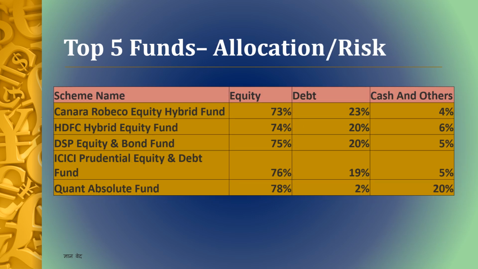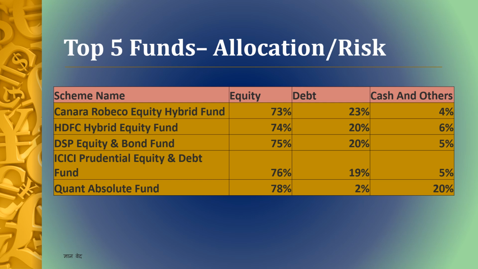We need to check the fund allocation also. Why is this important? Because this will define our risk and potential return ratio. In this case, Canara Robeco has the least allocation in equity, which is 73%, but Quant Fund is allocating almost 80% in equity, so risk is more here.